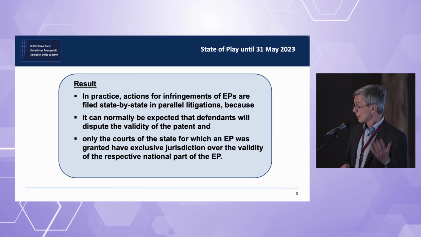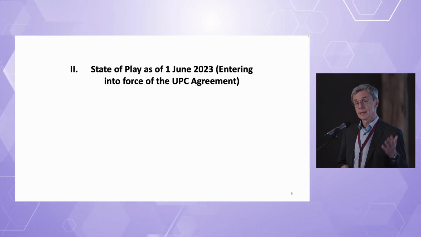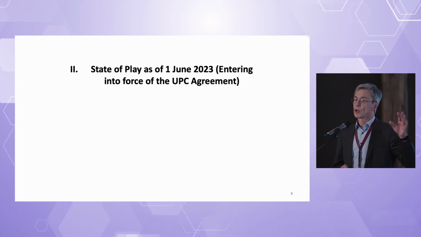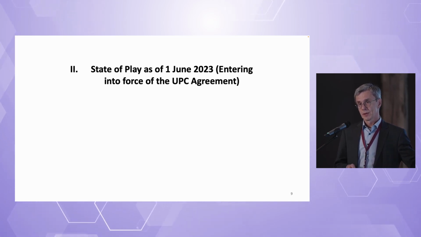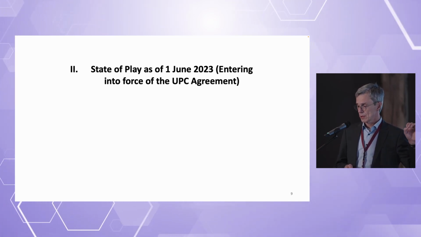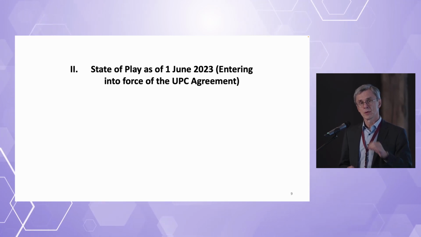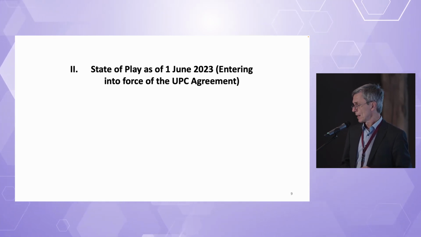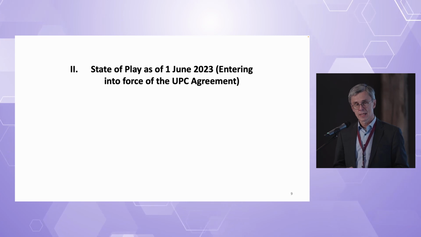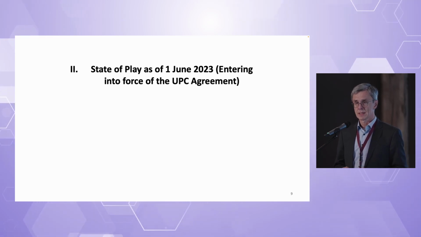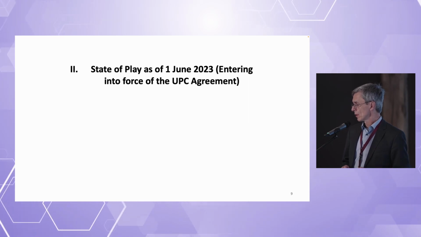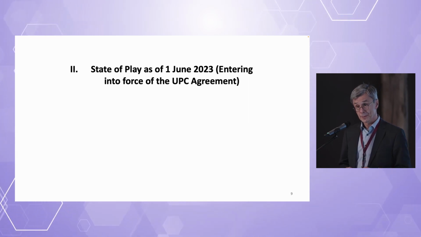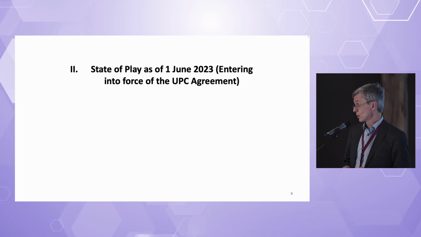Okay, on that background, the idea came up, not only on the prosecution side, so on the granting side, you need a one-stop shop, but also on the enforcement side. And that's why 17 contracting member states set up the agreement on the UPC, which came into force on 1st of June.